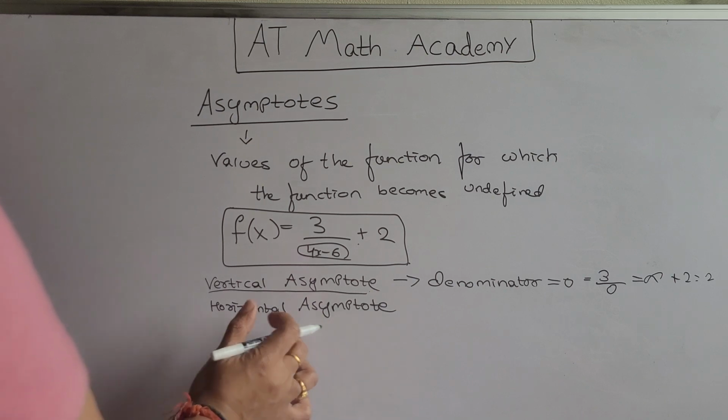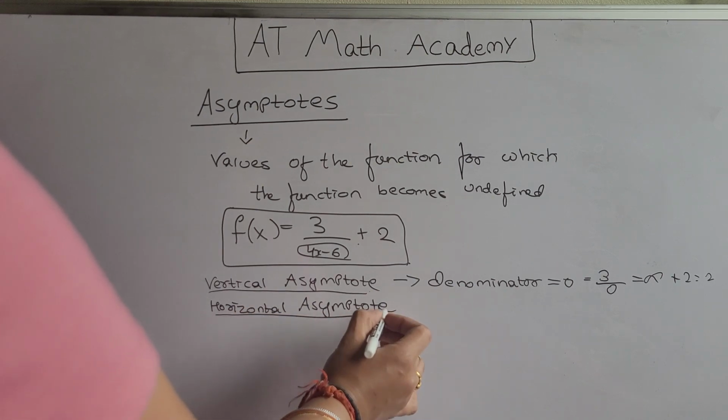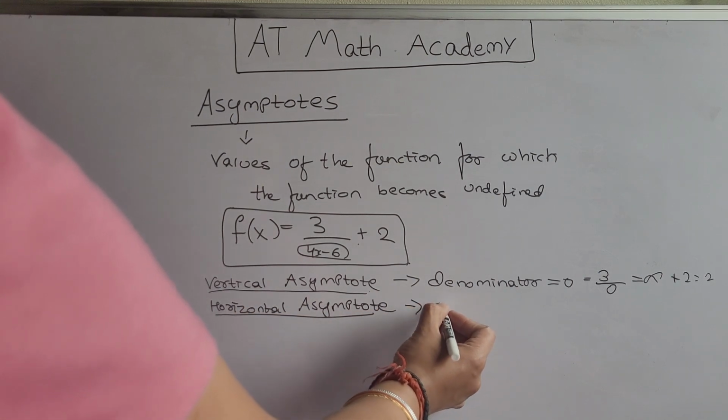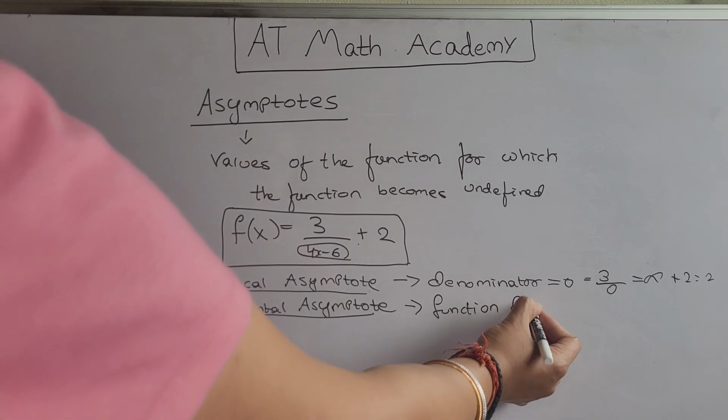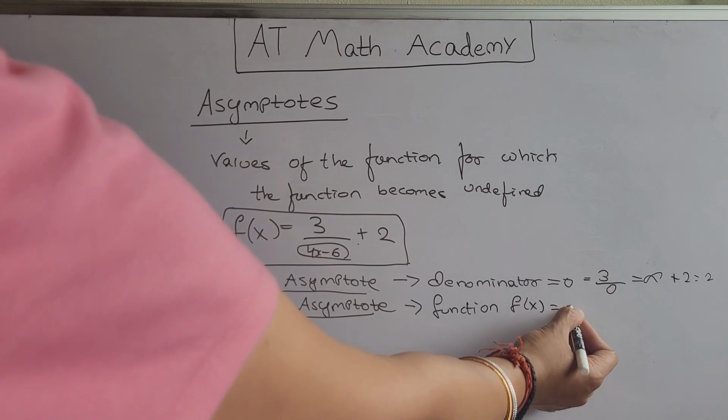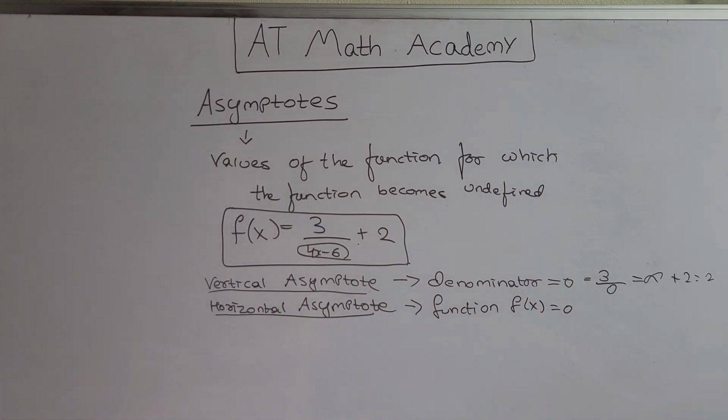And in order to find the horizontal asymptote, we equate the entire function f of x to 0. Then we will get the horizontal asymptote.